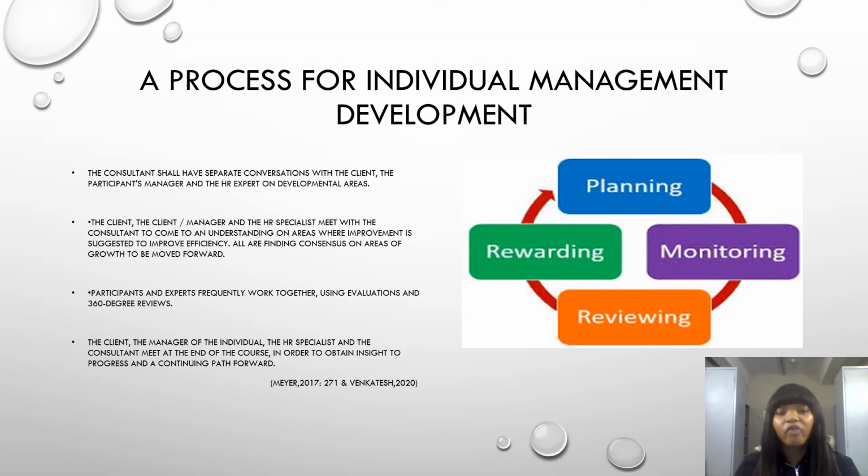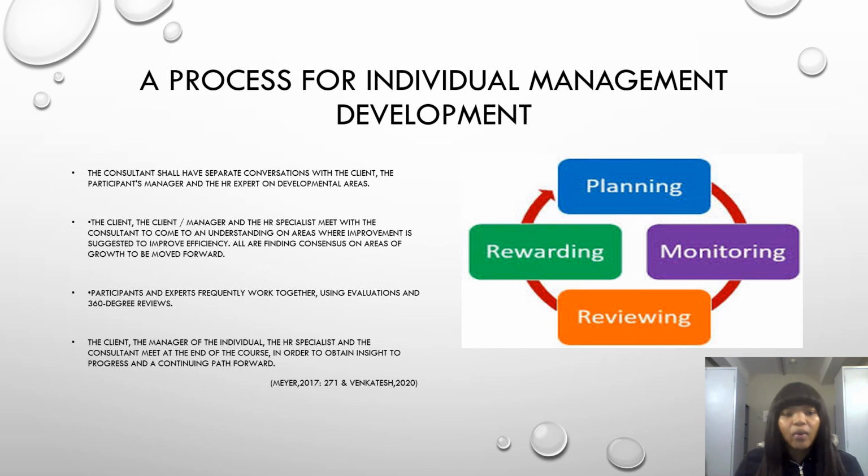A process for individual management development is as follows. The consultant shall have separate conversations with the client, the participant's manager, and the HR expert on developmental areas.